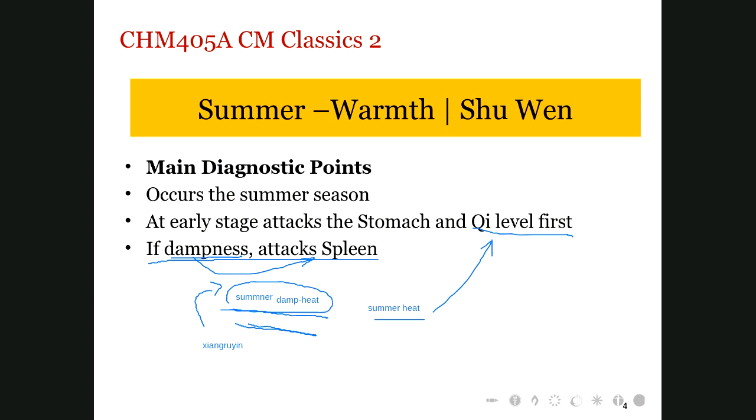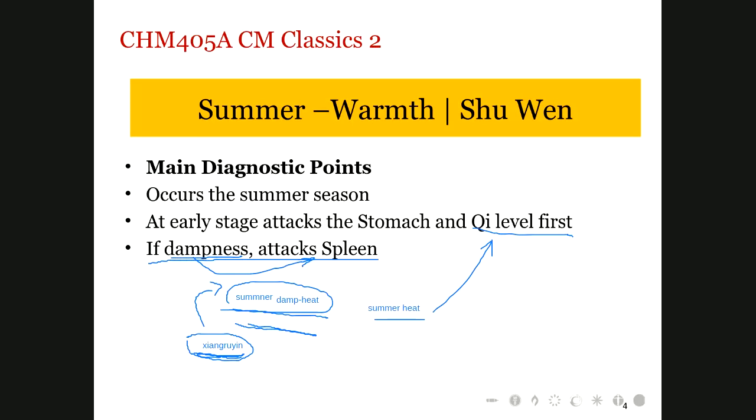That's why in the summer, when you have any kind of summer wind cold traveling on the surface, or a wei level condition, Xiang Ru Yin is very commonly used. A very gentle aromatic formula, it enhances perspiration without damaging body fluid and qi.